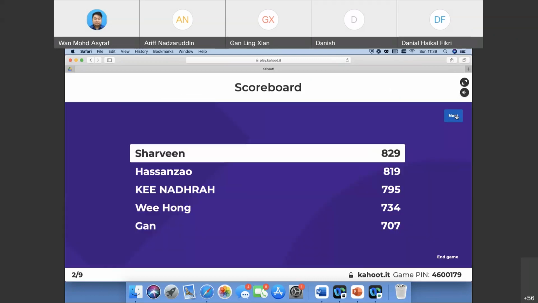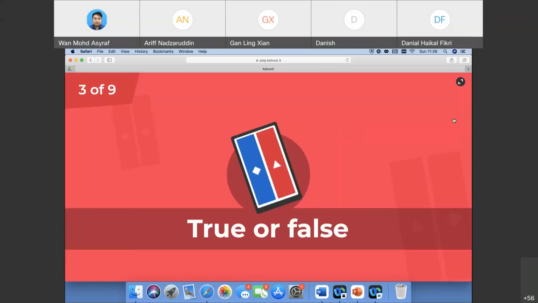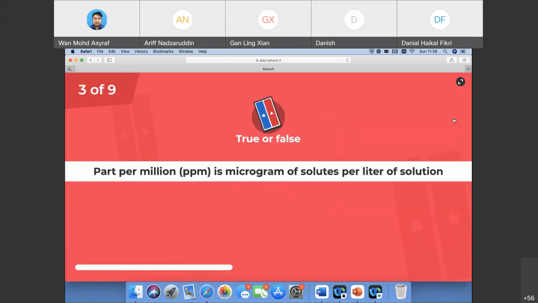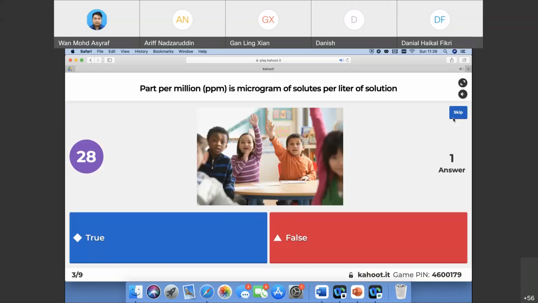Okay, saya go the next one first. Okay, Hassan Zhao pula yang naik sekarang. Alright. So, next question. True or false lagi? Part per million is microgram of solutes per liter of solution. Betul ke? Is it true or false?